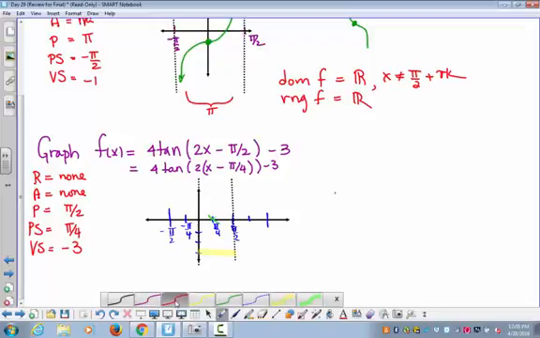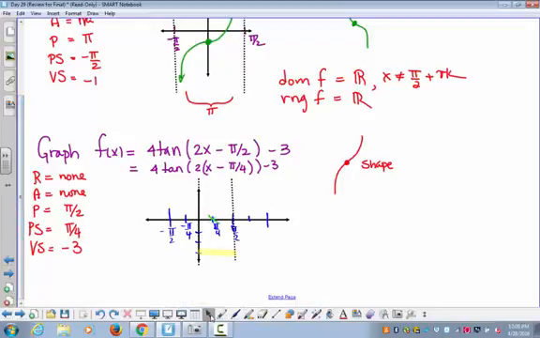The shape for an untransformed tangent looks like that. And that's what the shape of our graph will look like as long as there's no reflection. Okay, we don't have a reflection, so that is what our shape will look like.